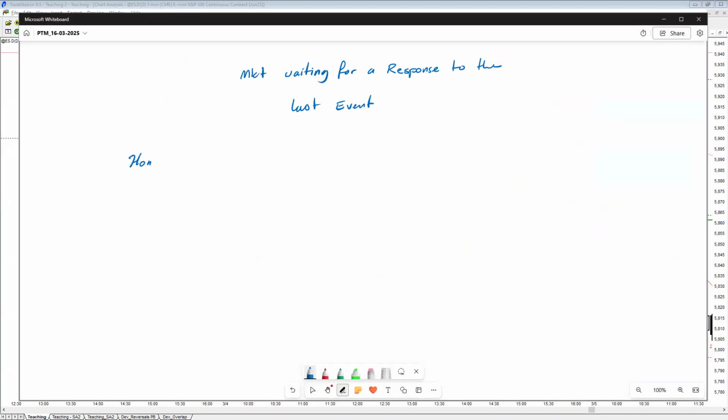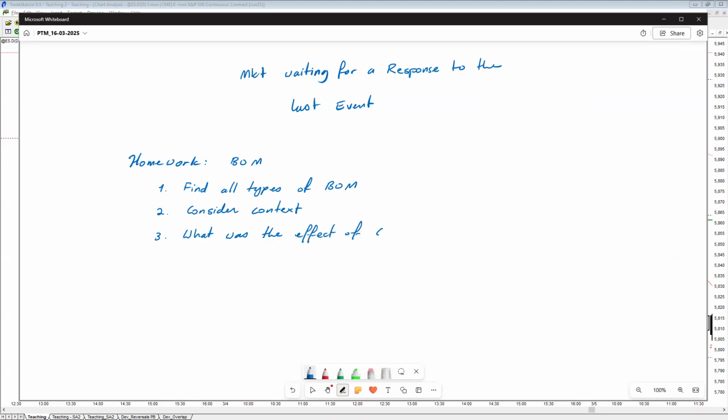So first, before we go there, if you want to do research on breakout mode: 1, find all types of breakout mode. 2, consider context. What was the effect of context on breakout mode outcome?